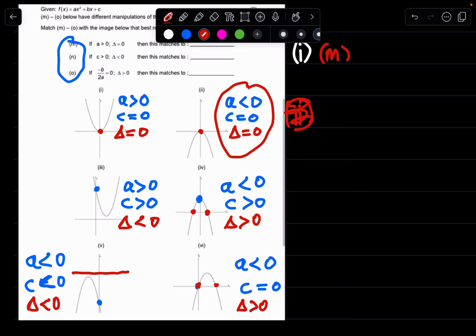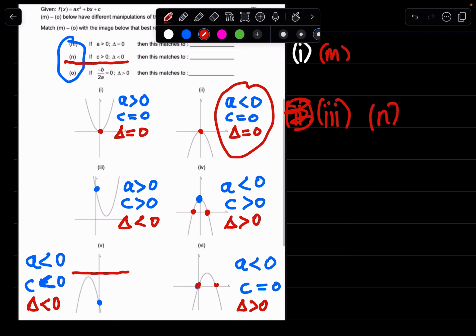And then let's check number 3. We're looking for A bigger than 0, right? We're looking for C bigger than 0, and then delta less than 0. If we check, they meet the conditions on N. The third graph meets the conditions on N. So the third graph will be N. Let's check the fourth graph.